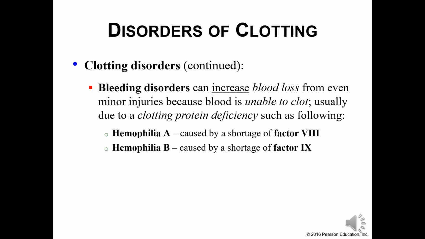This is the type of hemophilia that occurred in Queen Victoria's family, which included the German Chancellor before World War I. Hemophilia B is caused by a shortage of factor IX. And basically, these are usually hereditary.